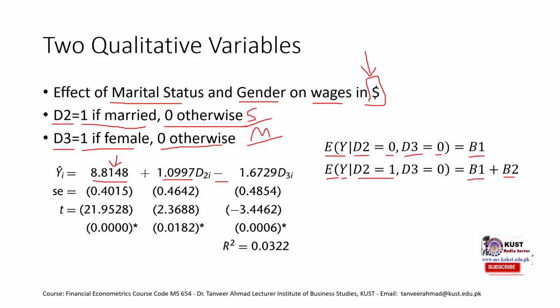married male. What if we wanted to find the expected value of the wage of a single female? Then that would be the expected value of y, given that D2 is 0, that means the person is single, and D3 is 1, that is the person is female.